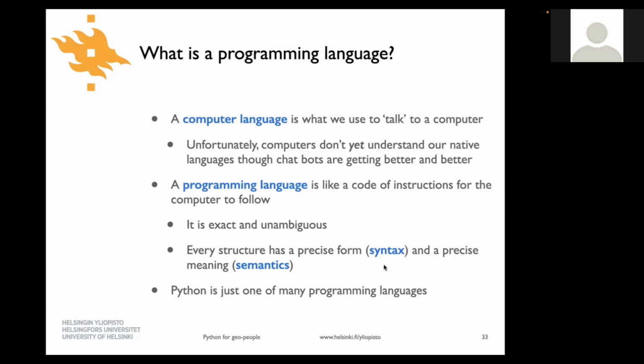For instance, the syntax for the print function in Python would be the word print, P-R-I-N-T, then parentheses, and whatever's in the parentheses is the thing you're asking to be printed to the screen. The meaning is to display something on the screen. So it should be intuitive, hopefully, what the print function does.